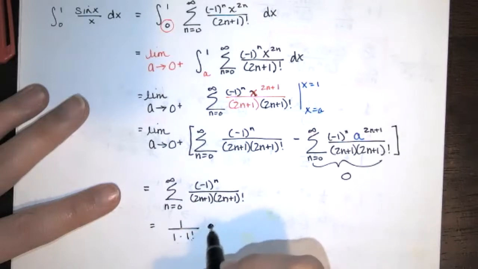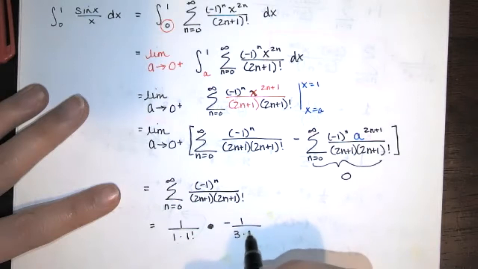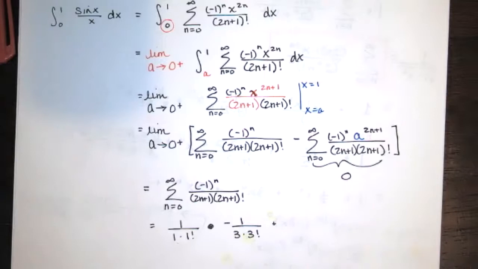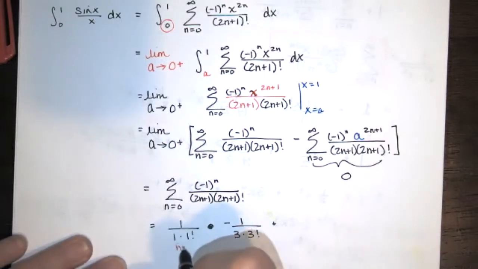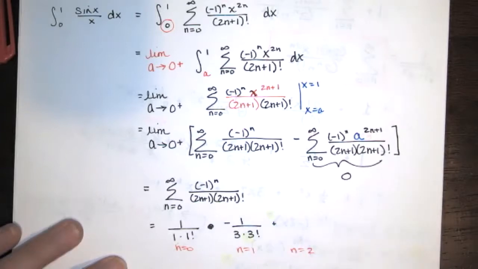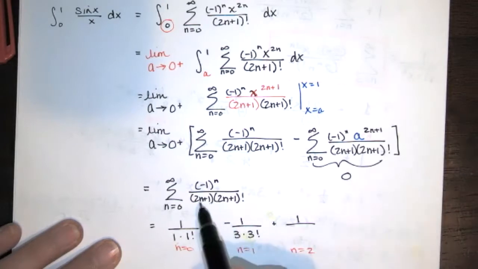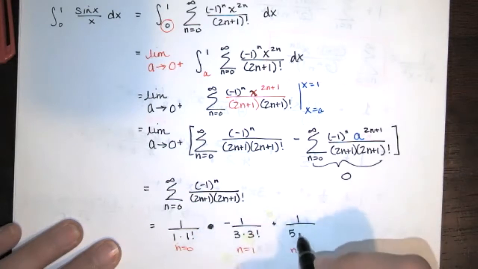When n is equal to 1, we'll get -1 over 3 times 3 factorial. This n is equal to 0, this is n is equal to 1. When n is equal to 2, we'll get negative 1 squared, which is positive 1, over 5 times 5 factorial.